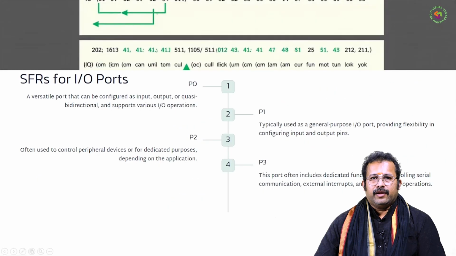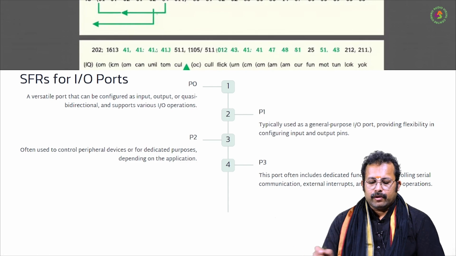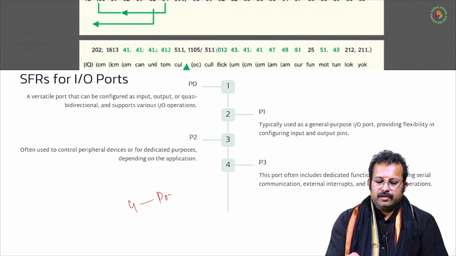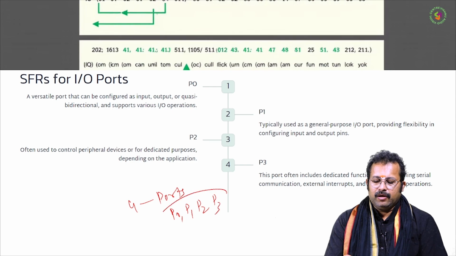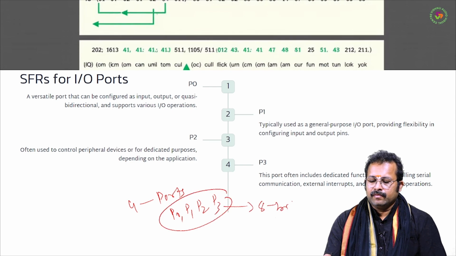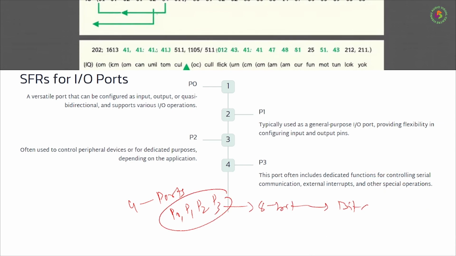There are 4 ports, port 0, port 1, port 2, port 3, all are 8-bit ports, and all are bit addressable. These are considered special function registers.